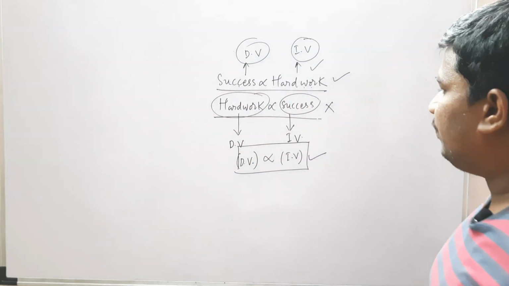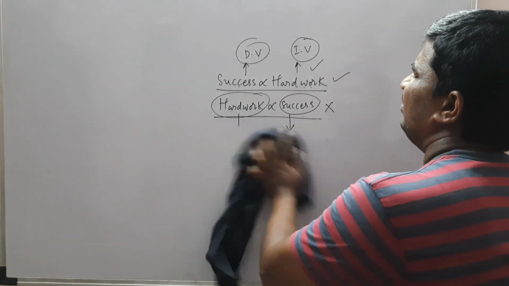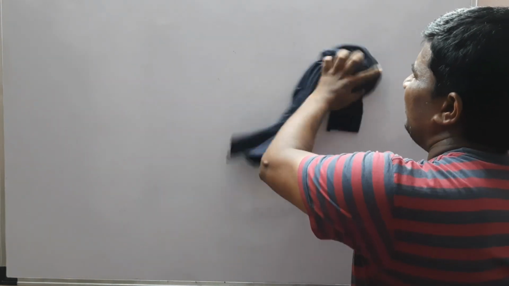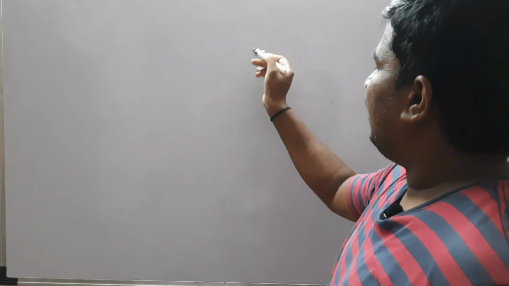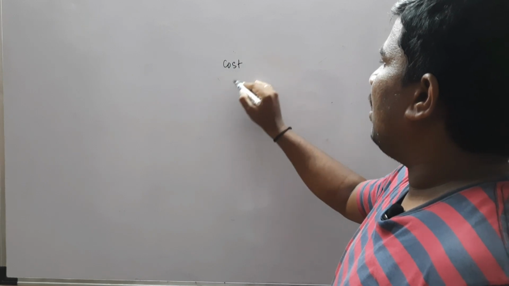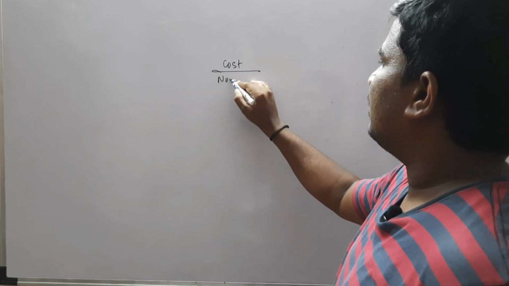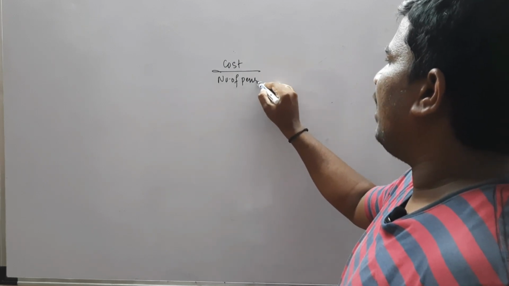See, you have seen in the example, cost by number of pens always comes out to be 5.